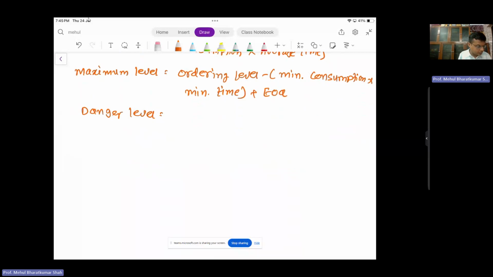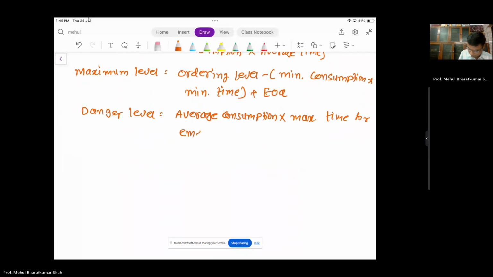Danger level is equal to average consumption into maximum time for emergency purchase.